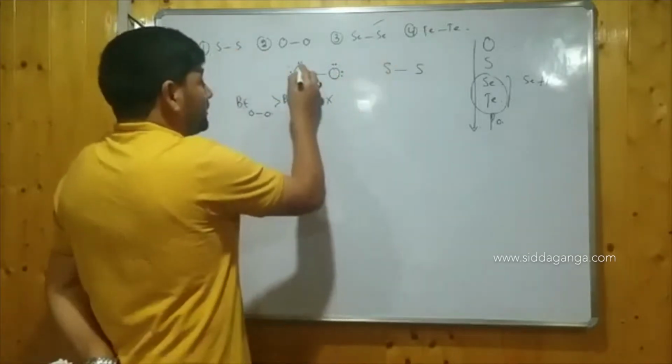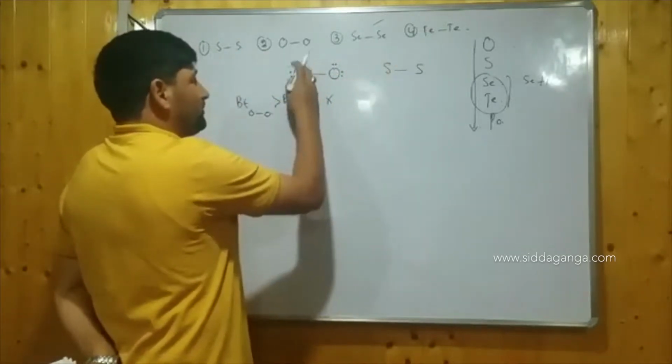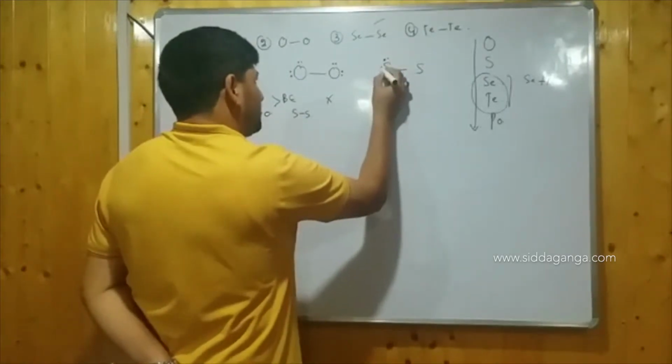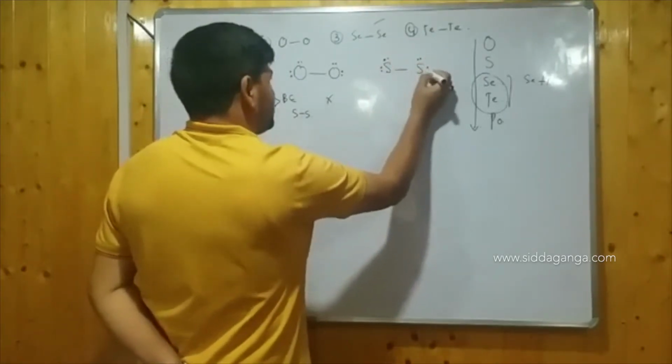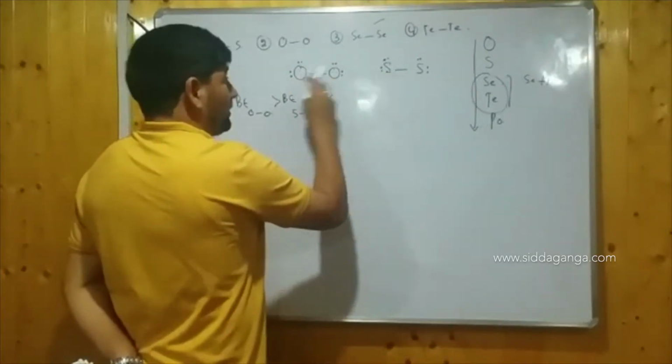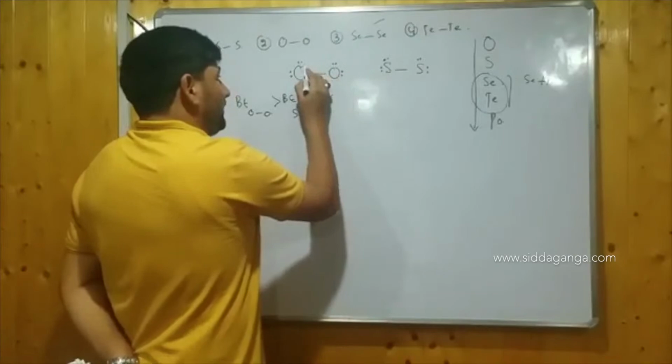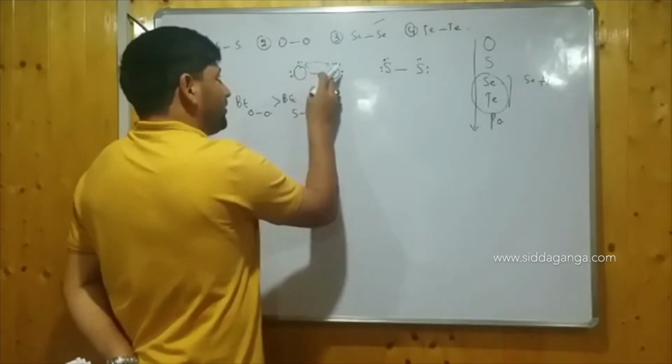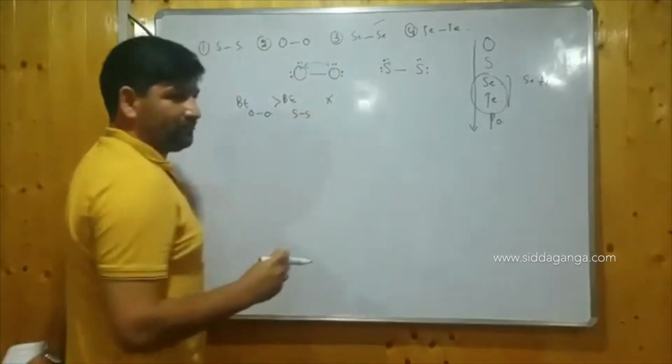So here the size is very small and you have 2 electron pairs on it. Even sulfur will have 2 electron pairs on it, because the total is 6. But the size of oxygen is smaller compared to that of sulfur, so inter-electronic repulsion in oxygen will be more compared to sulfur.